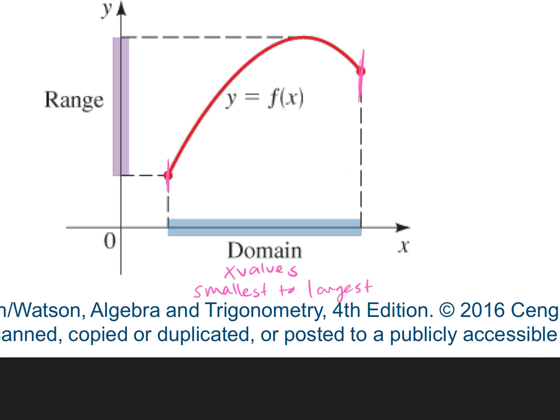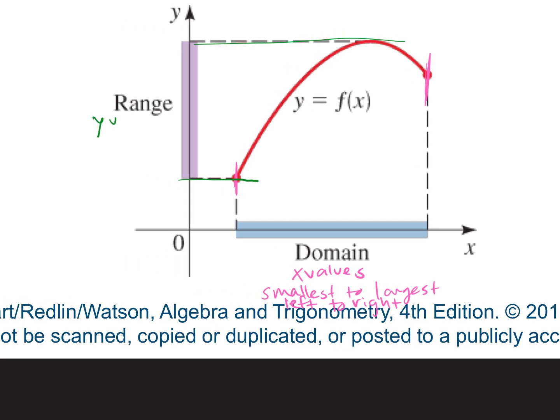So that would be from left to right. For our range, we look at the smallest y value to the largest y value. So range, we're looking at y values. Again, we go from smallest to largest, so we go from low to high.